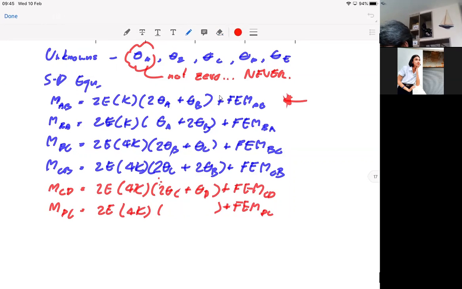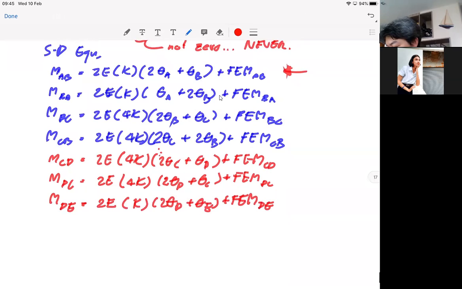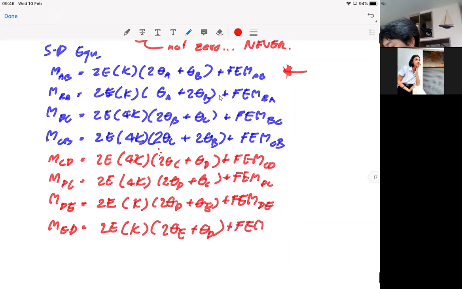All right, and this we have 2 theta D plus theta C, and then MDE, right? 2EK, 2 theta D plus theta E plus FEMDE, and again MED, 2EK, 2 theta E plus theta D plus FEMED.